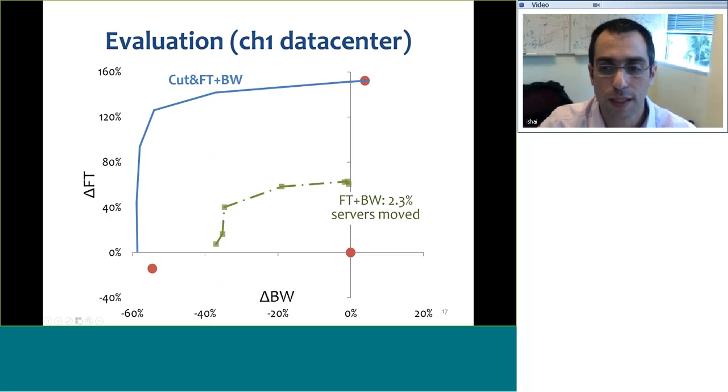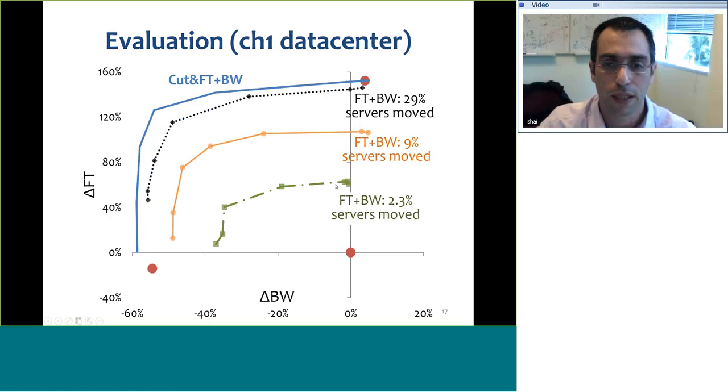And now this is the actual algorithm that is more practical for production. Here I'm showing different curves that correspond to different limits on the number of moves. I'm pretty strict: this is with just 2.3% of the servers allowed to move. You get a Pareto curve that is, of course, worse than the benchmark, but it gets closer as we increase the number of moves.